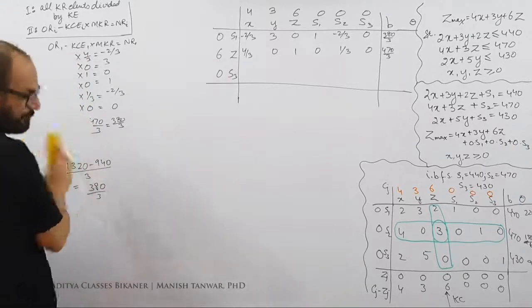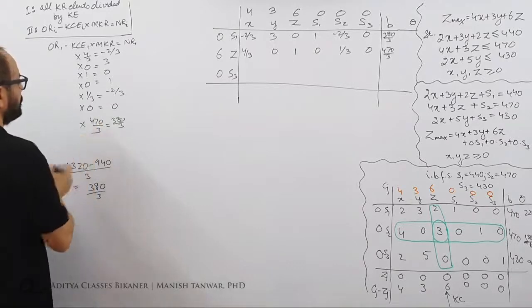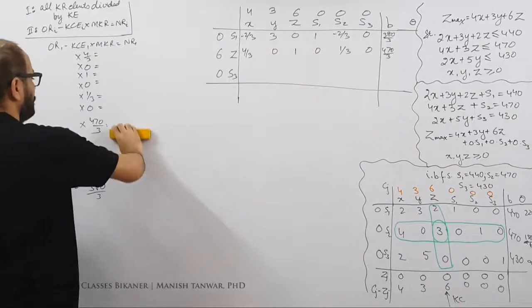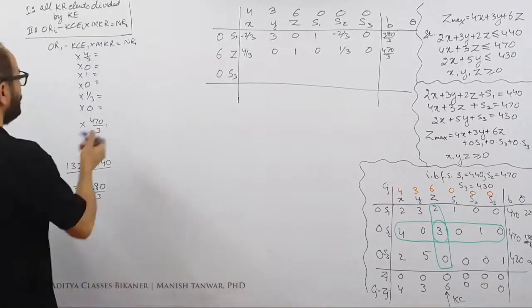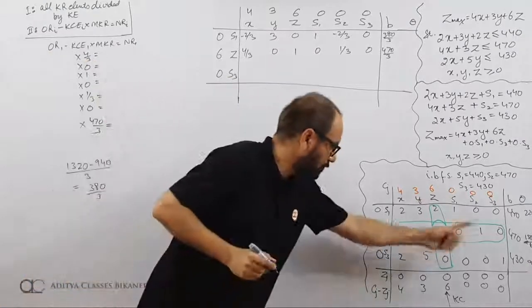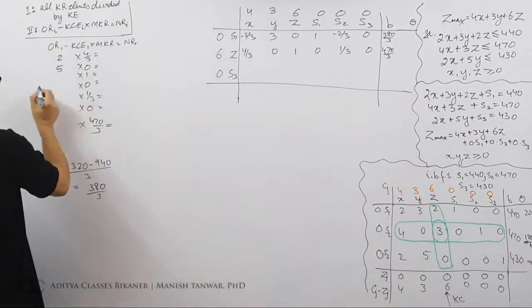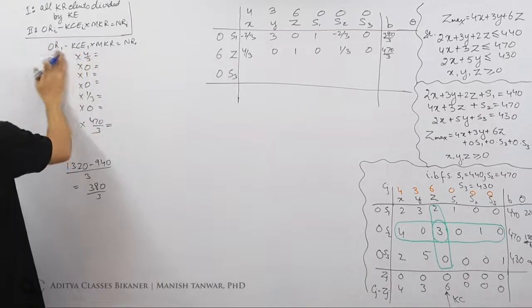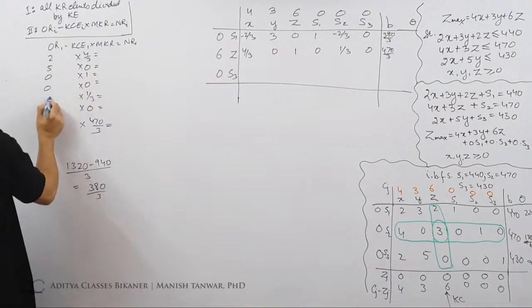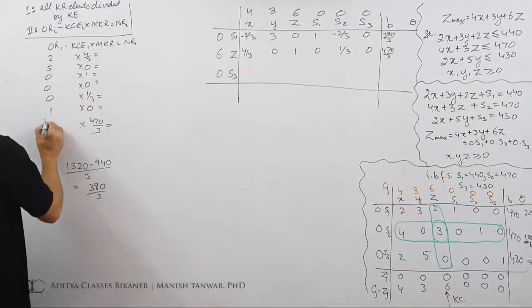Now I need to transfer my third row. What is my third row? My third row is 25001, and the last one is 430.